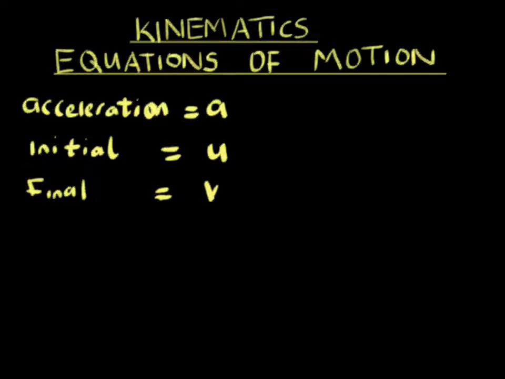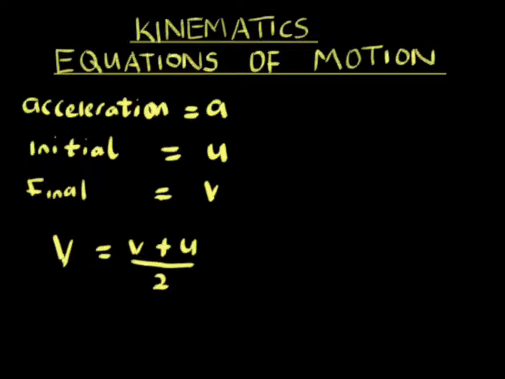Now, the average velocity, let's denote that with a large V. The average velocity would be given as the sum of both the initial and the final velocity divided by 2. This is the final plus initial divided by 2. This would be the average velocity.